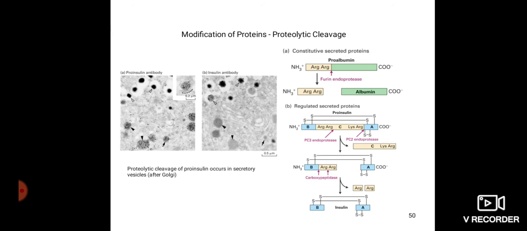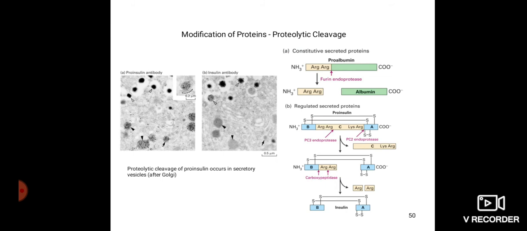For a constitutively secreted protein molecule, for example albumin, it is synthesized as a proalbumin. This proalbumin will have a small polypeptide portion, which is actually a propeptide. That means it is not required for the activity of the protein, but it just stabilizes the nascent polypeptide chain.